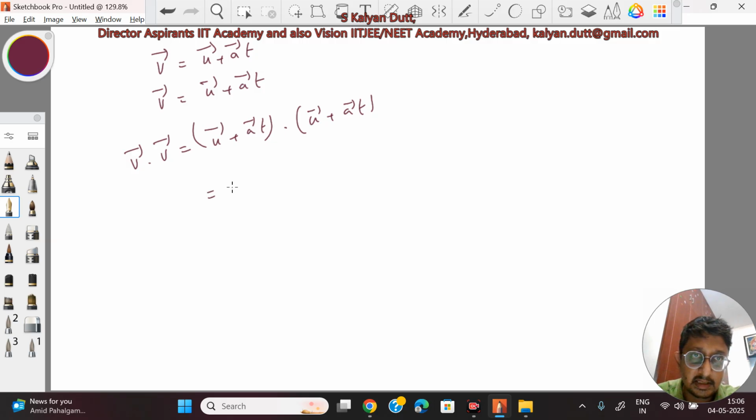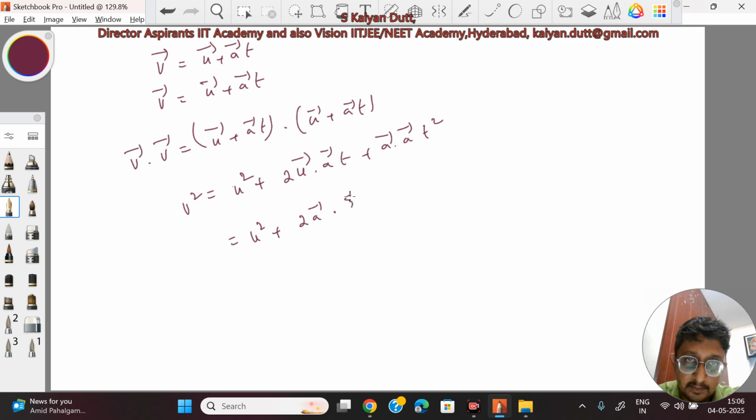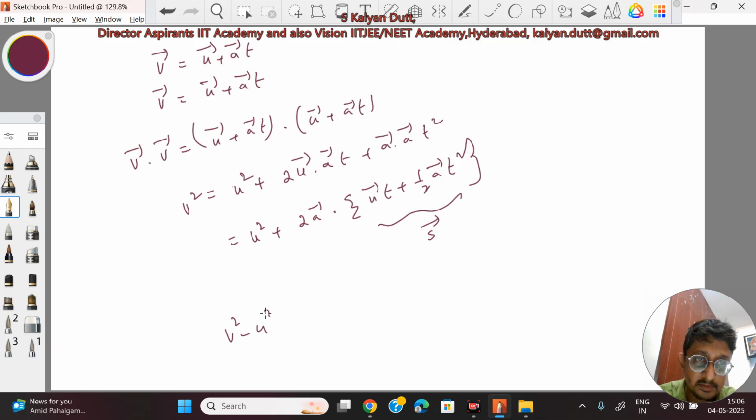You get v square is u square plus 2u dot at plus a dot a t square. I just simplified a bit, which I can write as u square plus 2a dot (ut plus half at square), and this is s. So you get v square minus u square is 2a dot s.